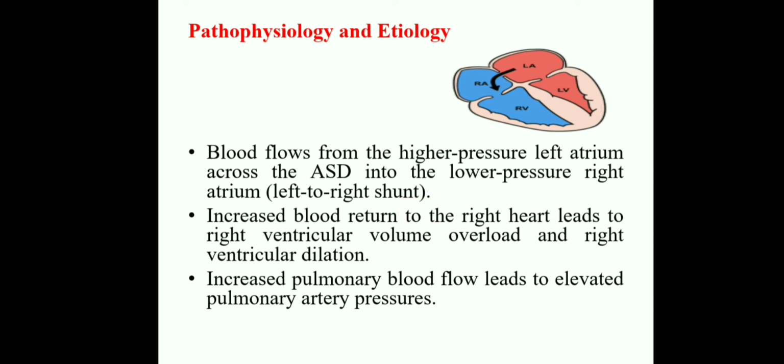Okay, we are discussing left to right shunt, that is, increased pulmonary blood flow conditions. Increased blood return to the right heart leads to right ventricular volume overload and right ventricular dilatation. Because of the communication hole, oxygenated blood enters the right atrium, and on atrial contraction it enters the right ventricle.